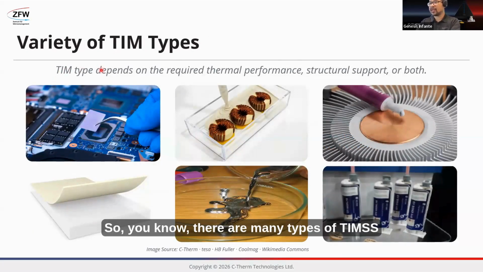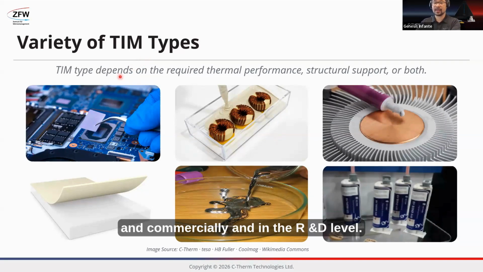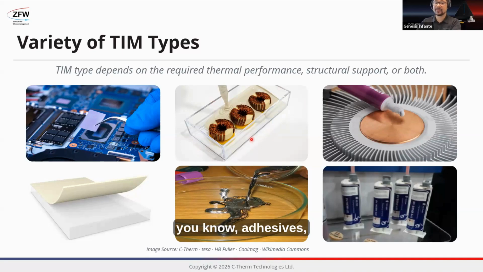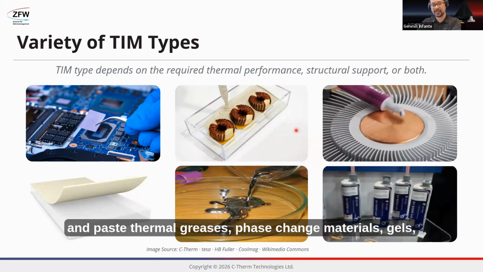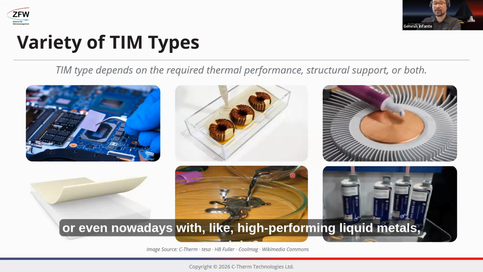There are many types of TIMs that exist nowadays, both commercially and at the R&D level. They can come in many forms, each designed to meet different thermal, mechanical, and even manufacturing requirements. Common TIMs involve gap pads, adhesives and pastes, thermal greases, phase change materials, gels, and disposable compounds, or even, nowadays, high performing liquid metals.